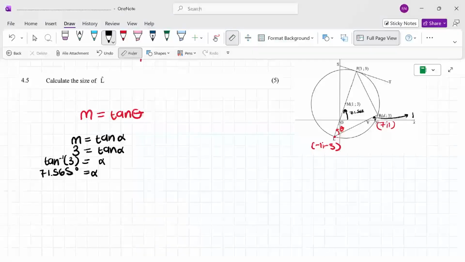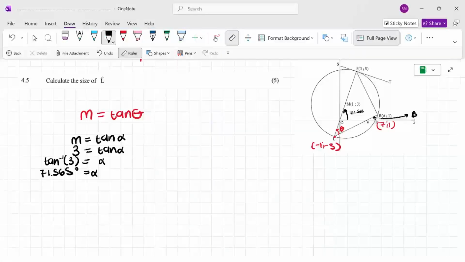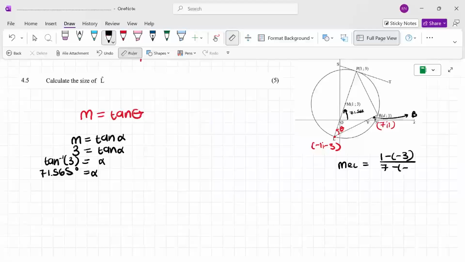Let's call that beta. Let's first find the gradient of RL. We know that R is now 7 and 1, and L is still -1 and -3. So the gradient of RL is equal to y2 minus y1, so 1 minus minus 3 over 7 minus minus 1.